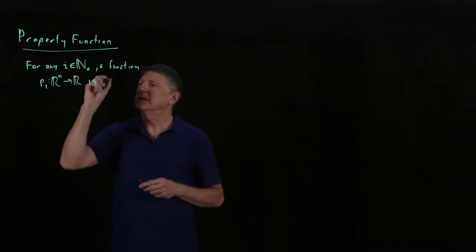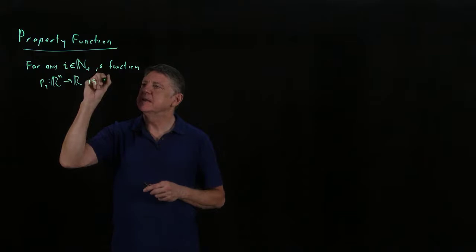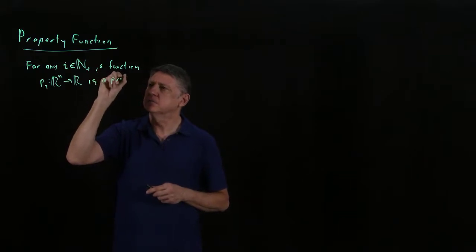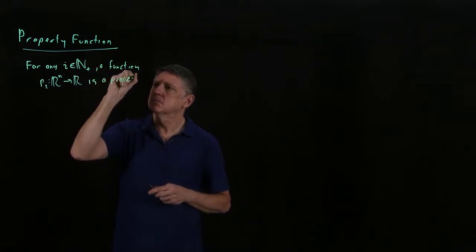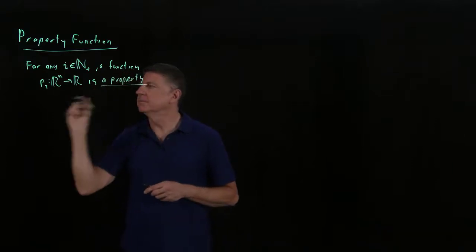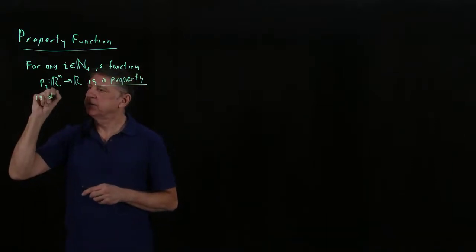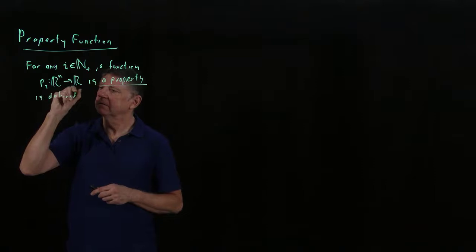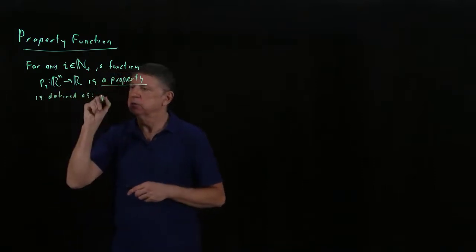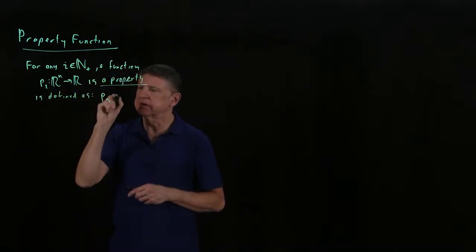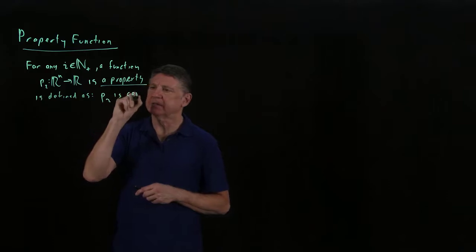So we'll define this as a property. Property is defined as, we'll simply say that this function is convex.